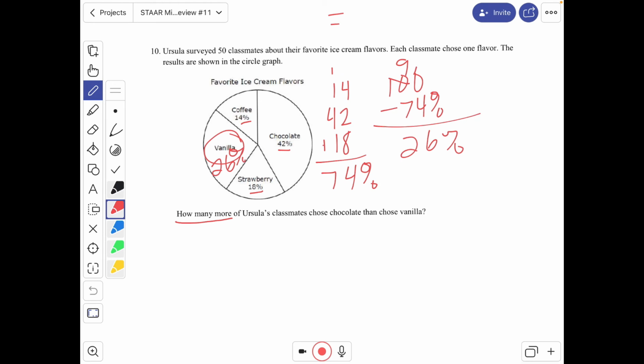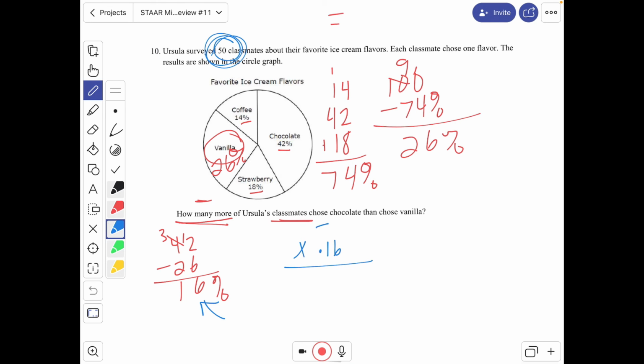And if I want to figure out how many more, that means I'm subtracting. So 42 minus 26 would be 16%. But they didn't ask about what percent, they asked about classmates. So now I need to change that to a decimal and multiply. So 0.16 times 50 classmates. And then we'll have our number.